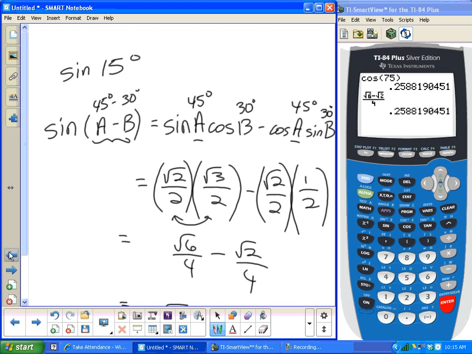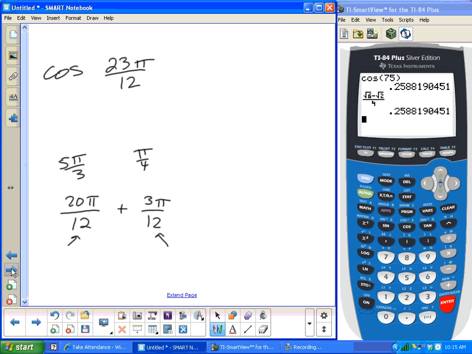Now, when it was like this, y'all told me 45 and 30. So we could just change it to degrees, and if it's in degrees, you can come up with the angles very quickly, can't you? So can we change 23 pi over 12 to degrees? I hope so. Let's change it to degrees, and that makes it much easier to deal with. So that's the solution around the radians, just change them to degrees.